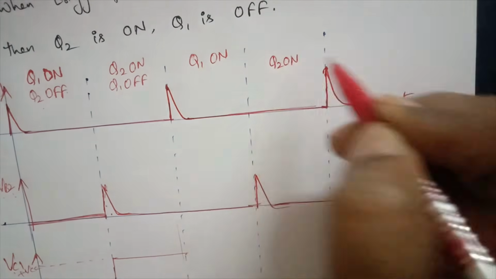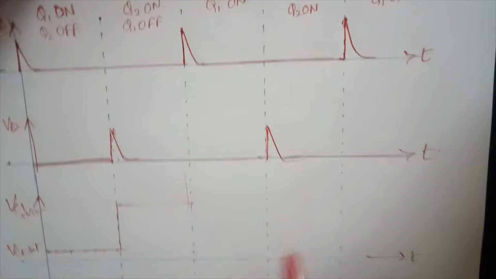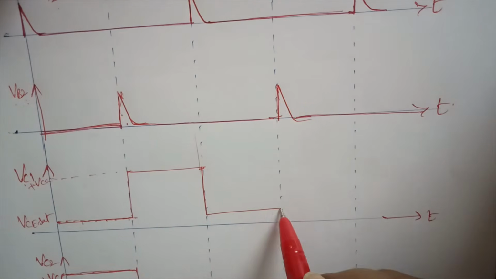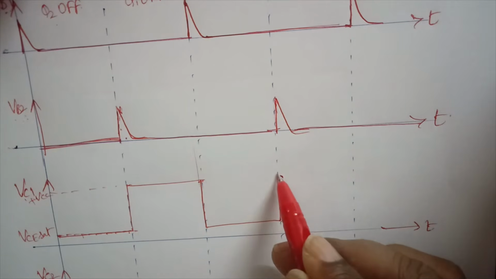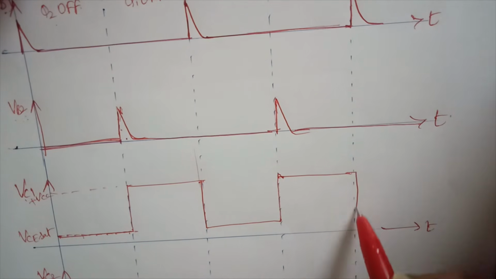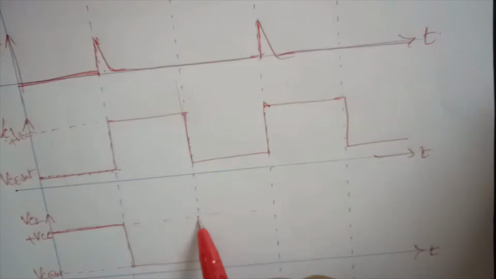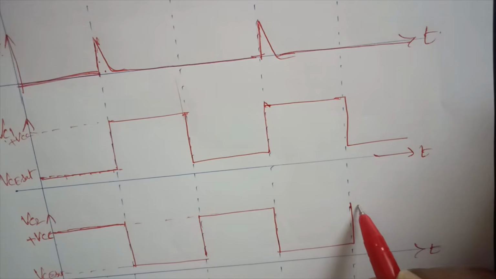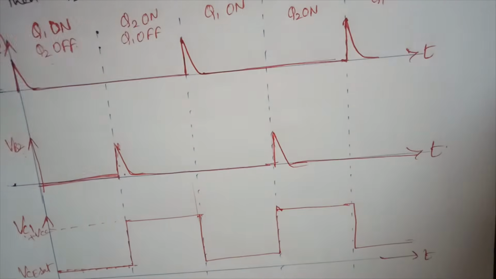In the same way, when Q1 is on, it becomes VC sat. When Q2 is on, the voltage across Q1 becomes VCC, so it is off. In the same way, here also we get the opposite waveform, because both transistors are complementary to each other. So this is the output we get.